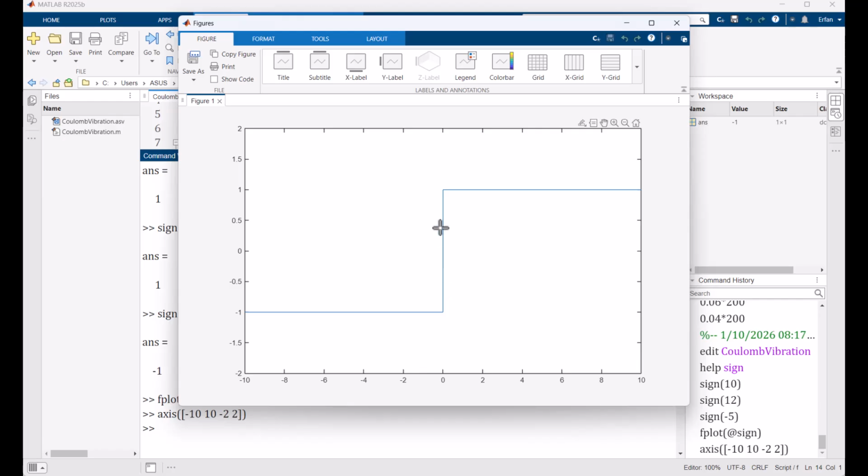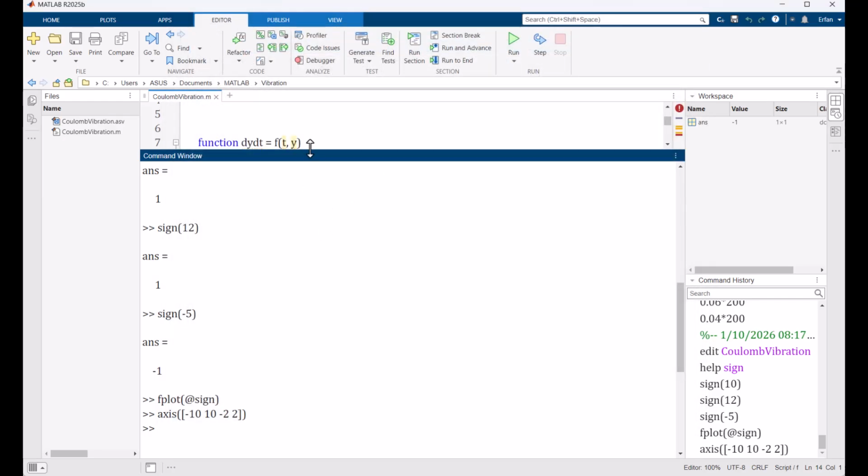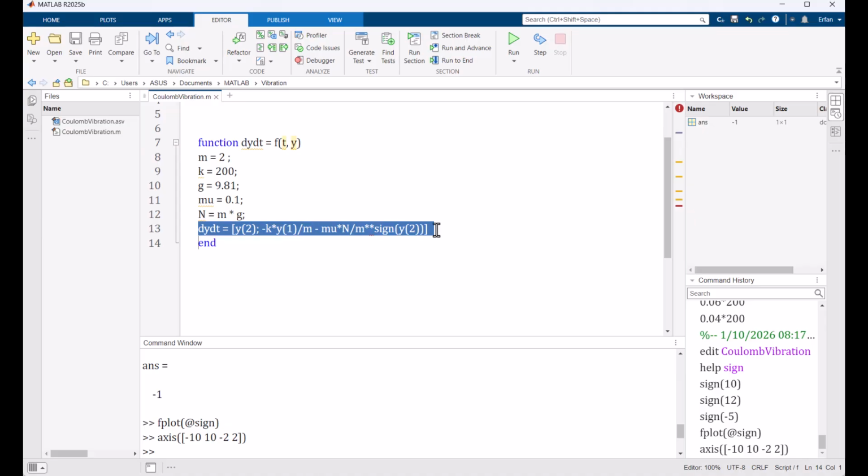You can see this is the sign function, and there is a discontinuity at the 0 point. As I said, this is why we cannot solve that system of equations with the dsolve command analytically.